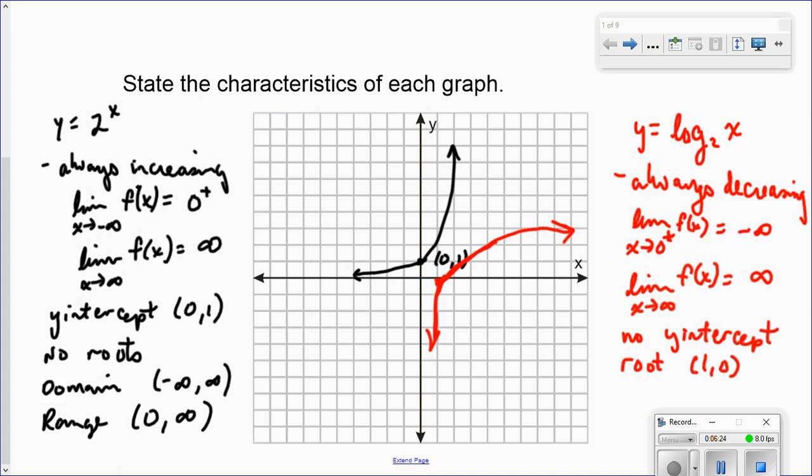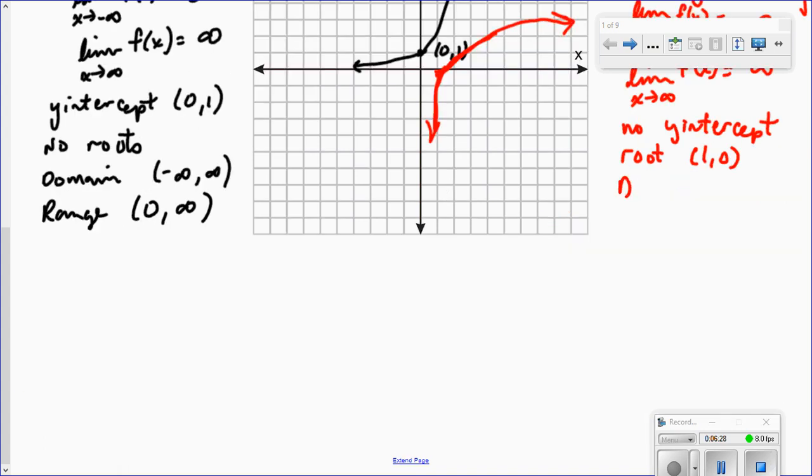And I have a domain, and my range is restricted. So for my range, I can take negative infinity to positive infinity values. But I have a further restriction here.